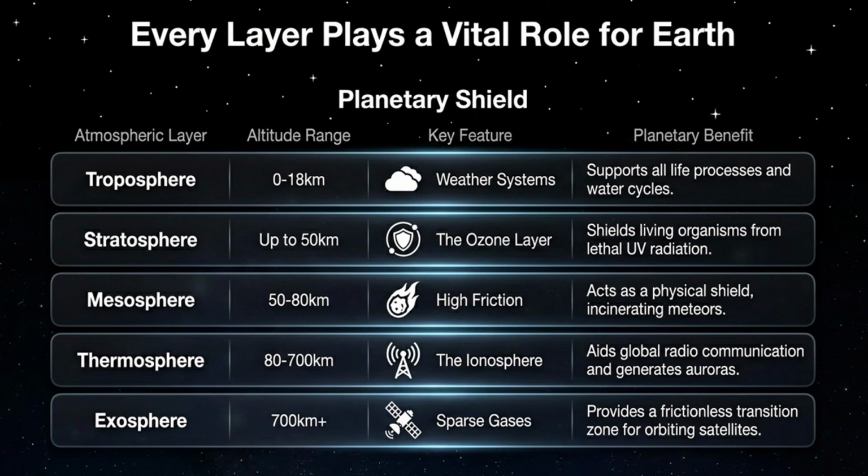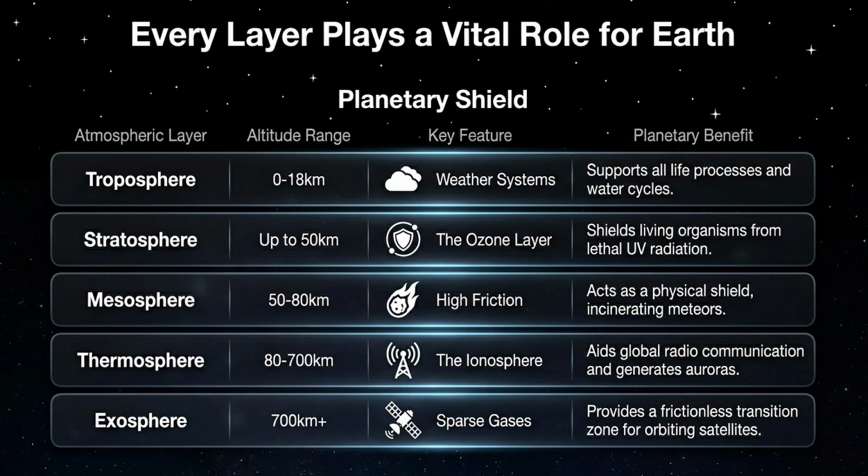Now let's quickly revise the important features of the 5 major layers of the atmosphere. First, the troposphere extends from the Earth's surface up to approximately 8 to 18 km. It is the layer where almost all weather phenomena occur and contains most of the atmospheric water vapor. Above it is the stratosphere, which extends up to about 50 km.